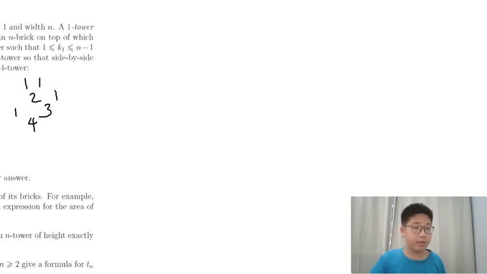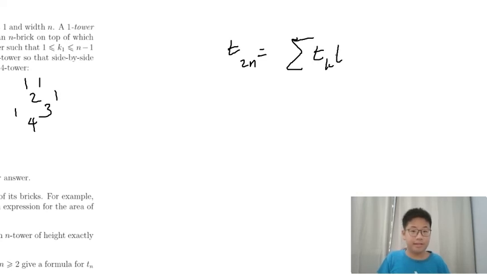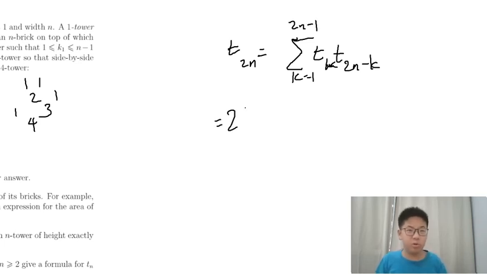Okay, so we're going to write our formula down by substituting n with 2n. T2n equals the sum of Tk T2n minus k. And so we can write it as this: the sum for k equals 1 to 2n minus 1 equals 2 times T1 T2n minus 1 plus dot dot dot. Let's ignore this big one now. Plus Tn Tn.